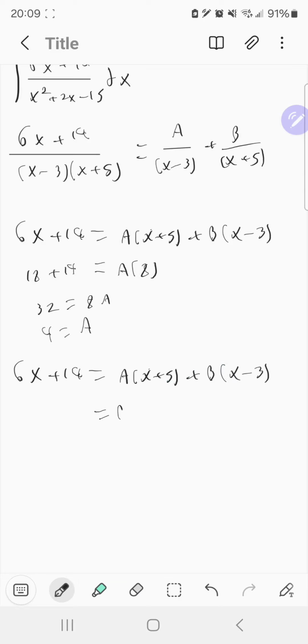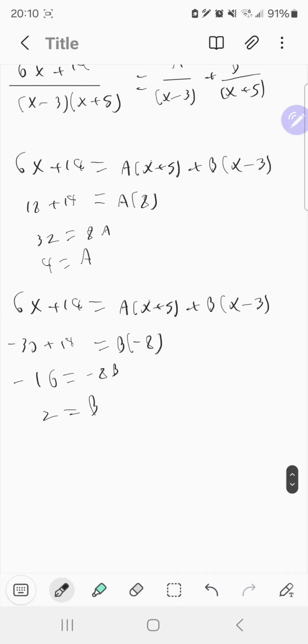So B is multiplied by negative 5 minus 3, negative 8. 6 times negative 5 is negative 30 plus 14, which is negative 16, equal to negative 8B. Divide negative 16 by negative 8, 2 equals B.